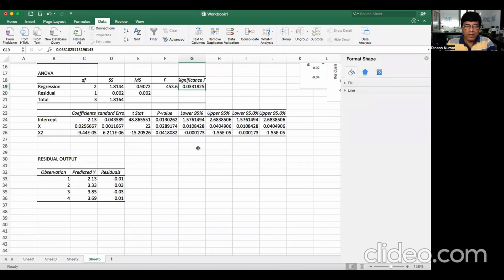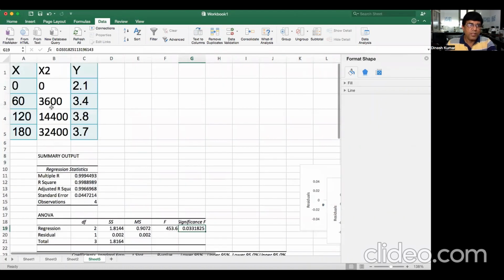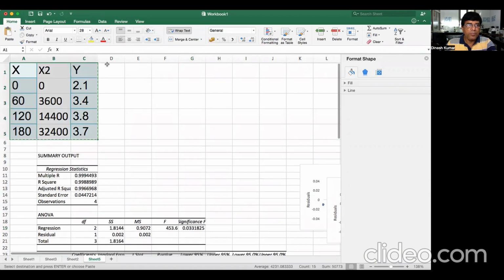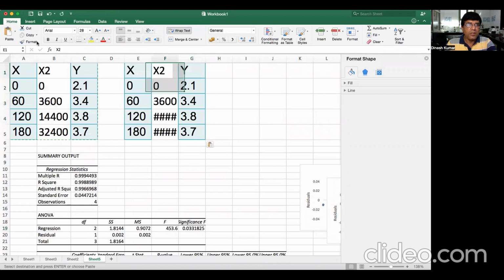So I think the last thing is that you can plot it also. You can plot it like this. This time you take only 2, copy and paste. Remove this. Why has this sign come, there is no value here?